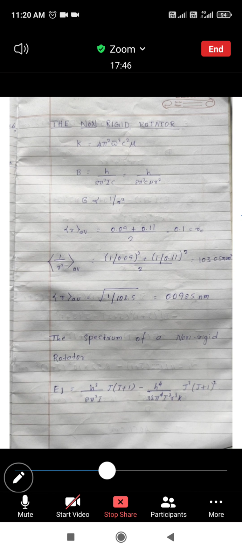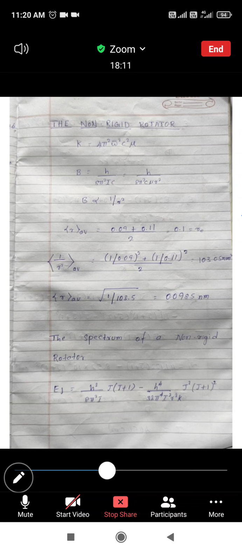Okay, next. B is equal to h divided by 8 pi square I C, which is equal to h divided by 8 pi square c mu r square. I already told you here that B decreases as R increases.